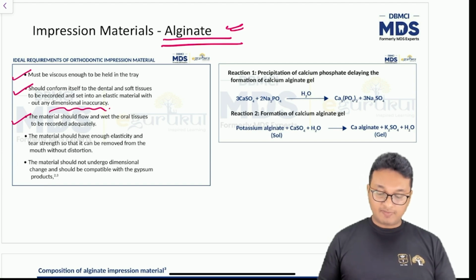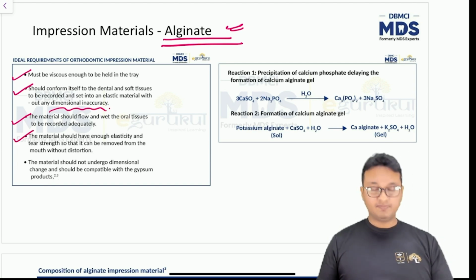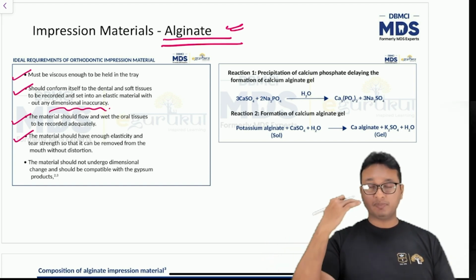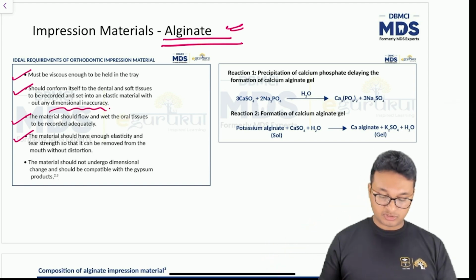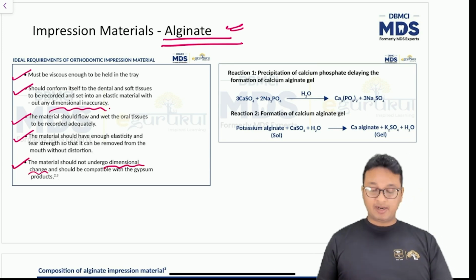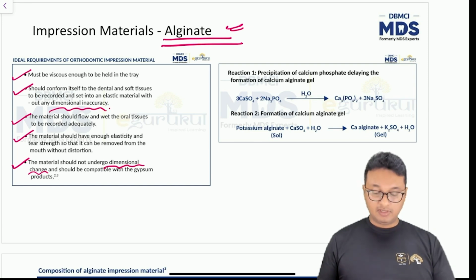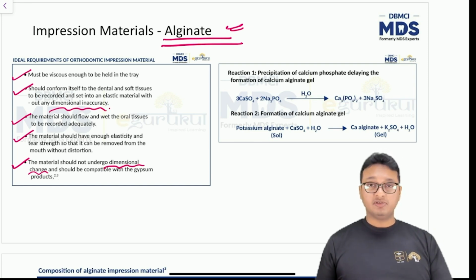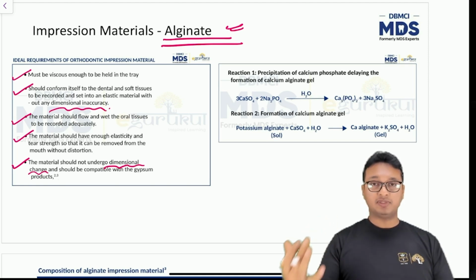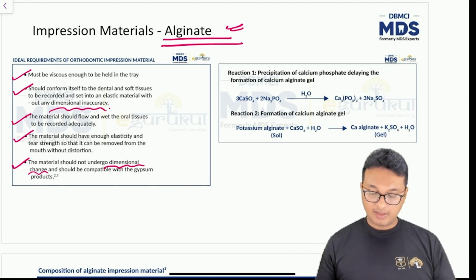The material should have enough elasticity and tear strength. Then it should be able to be removed from the undercuts without any significant distortions, and it should not undergo any dimensional changes, and should be compatible with the gypsum products. The gypsum products are the ones which are used to pour the impression: the dental stone, type 3, type 4, type 5 dental stones, right?